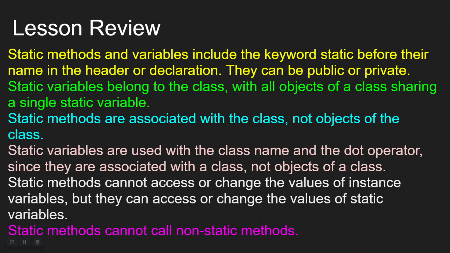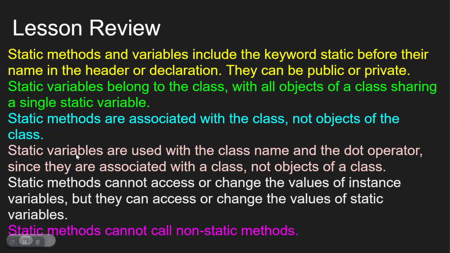Let's go ahead and finish things up with our lesson review. Static methods and static variables include the keyword static before their name in the header or the declaration. And they can be public or they can be private. Static variables belong to the class, with all objects of the class sharing a single static variable. Static methods are associated with the class, not objects of the class.